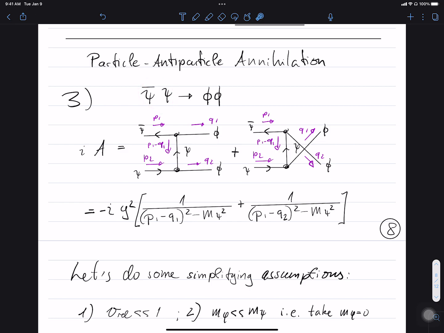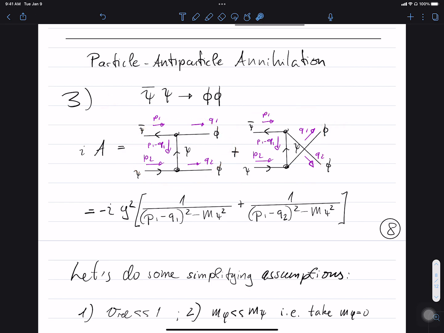There's no charge anymore. There are two real chargeless fields phi. It is kind of an analog of the process like e plus, e minus going to two photons. The spins are different, but the charge transfer is the same as in the annihilation of e plus, e minus to two photons. And there's as well a T channel and a U channel diagram.